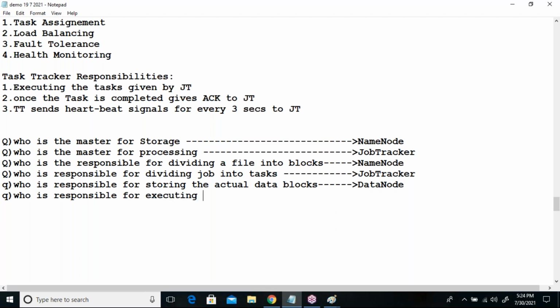Who is responsible for executing the tasks? Task tracker.